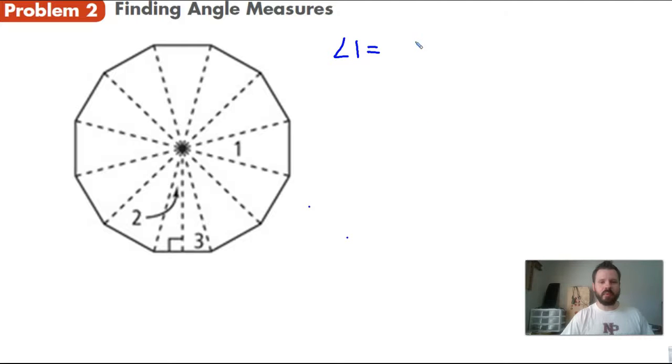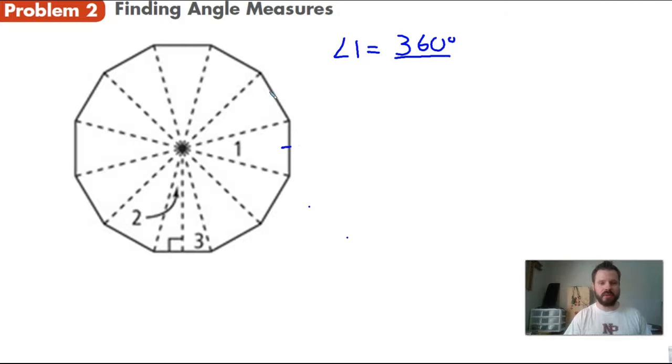For angle 1, I'm going to take 360 degrees, which is going to be the sum of all these central angles. All these angles that come together at the center add to 360 because they make a full circle. I'm going to divide that by the number of angles I have, in other words, the number of sides. Let's count this guy.